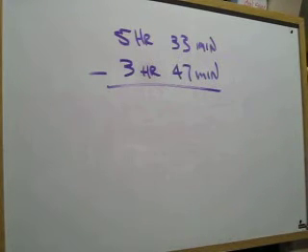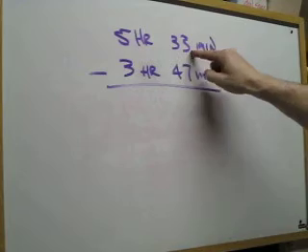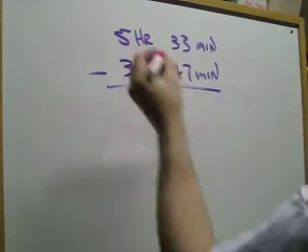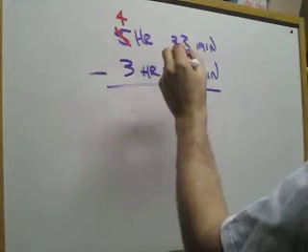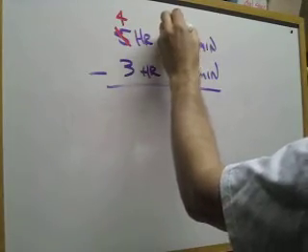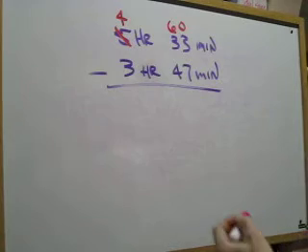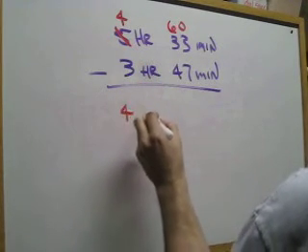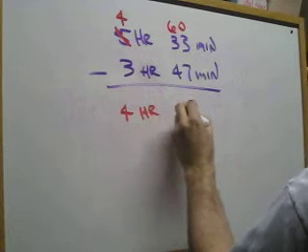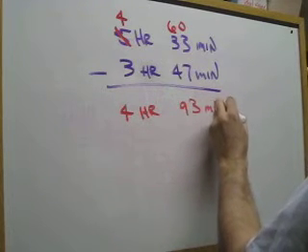And if you'll notice, our top number is smaller than our bottom when it comes to minutes. So we're going to borrow an hour from here. And 1 hour is 60 minutes. So we're going to add 60 there. So now instead of 5 hours 33 minutes, we have 4 hours 93 minutes.